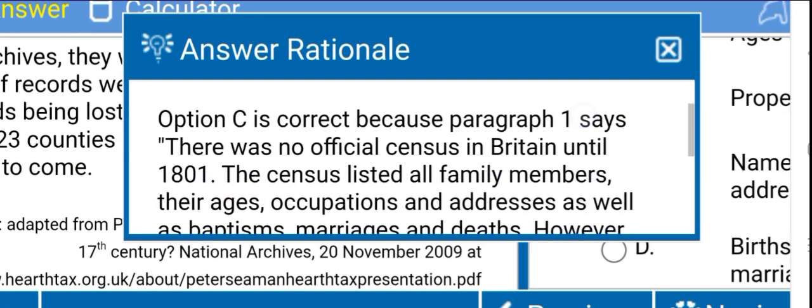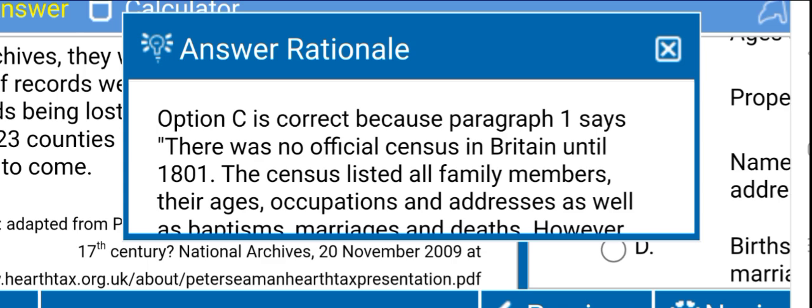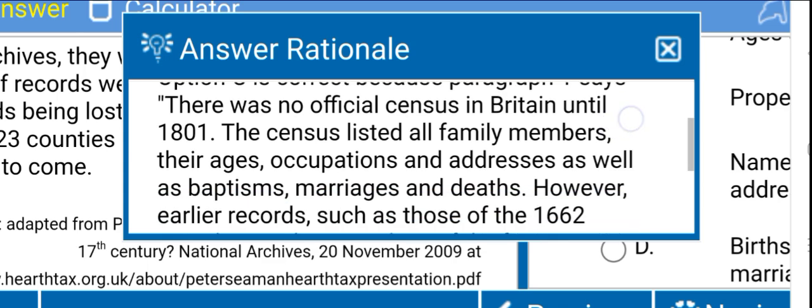Here we have option C is correct because paragraph 1 says there was no official census in Britain until 1801. The census listed all family members, their ages, occupations, and addresses, as well as baptisms, marriages, and deaths.